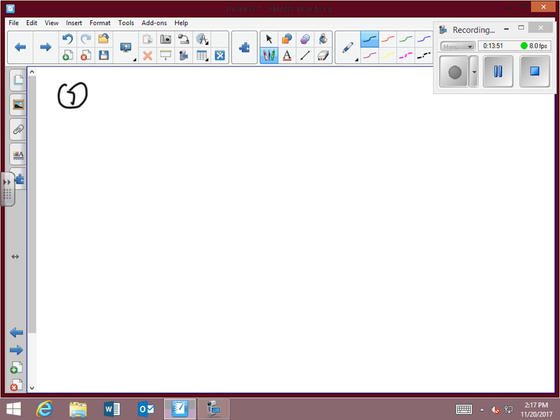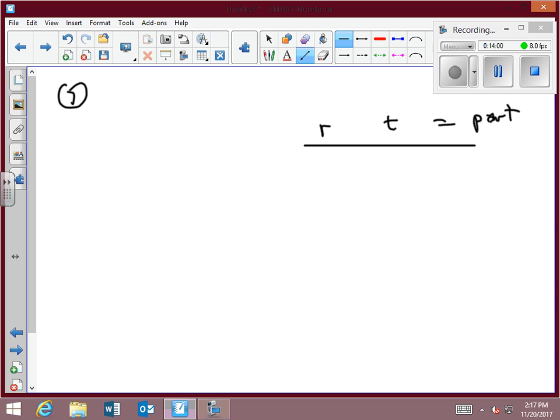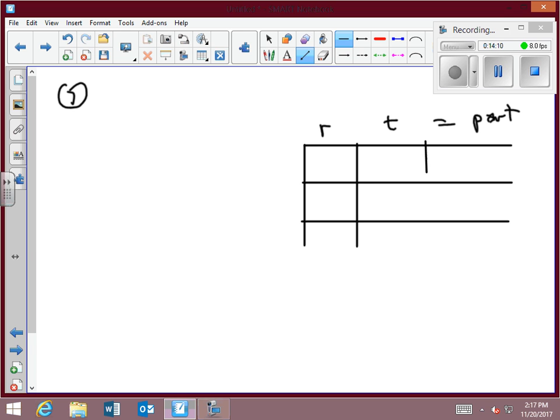So this is rate times time equals part of job. By the way, what is the job they're doing? Cooling the room 5 degrees, right?